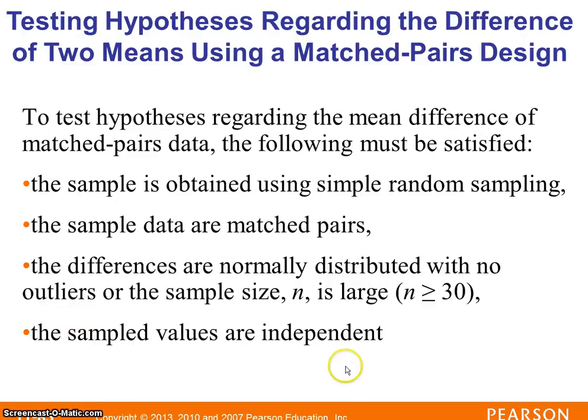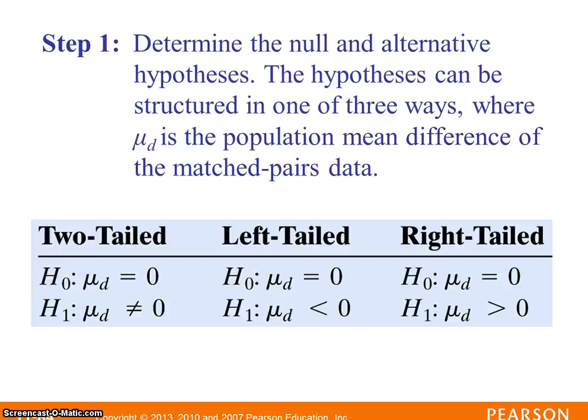And the sample values are independent. The last condition also means that the sample size is no more than 5% of the entire population size.